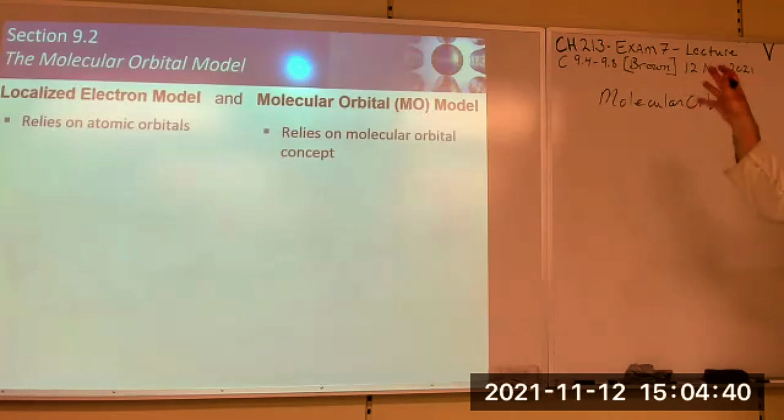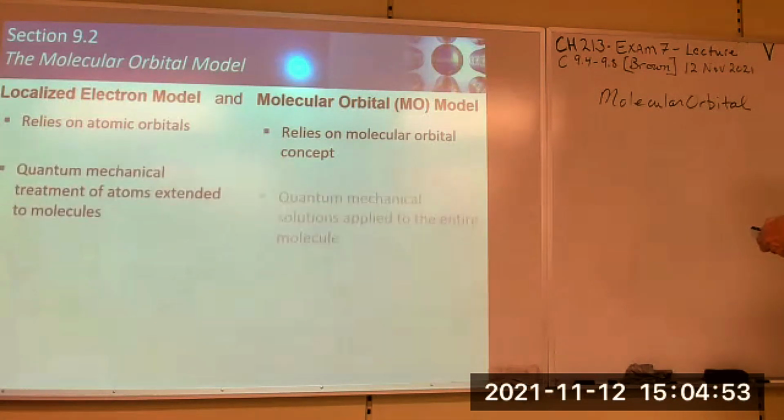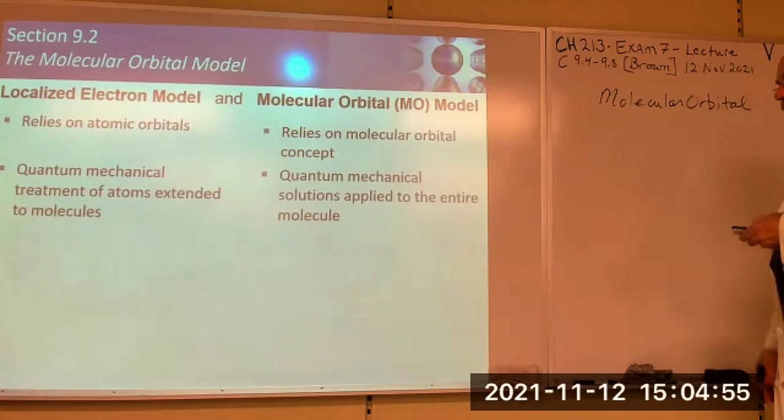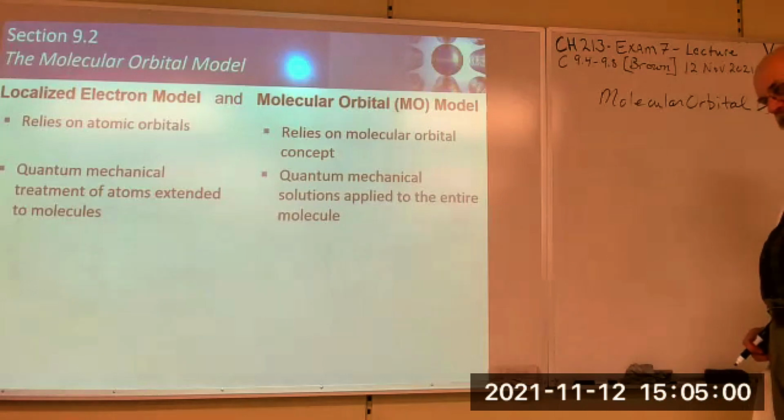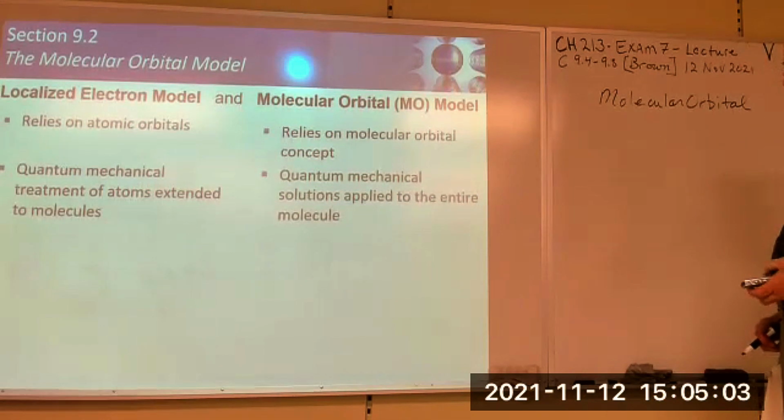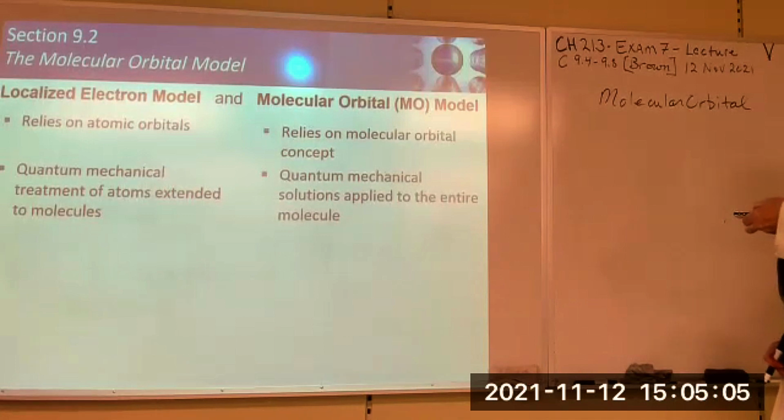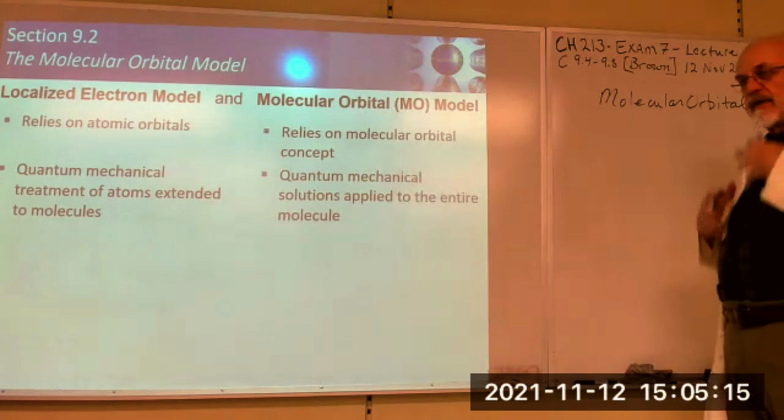So here's a comparison of the two. We rely on atomic orbitals for the localized electron model, whereas we have this new class of orbital called the molecular orbital for that model. The quantum mechanics of individual atoms are sort of pushed out and extended to the molecule, whereas the molecular orbital model uses a whole new quantum mechanical calculation based upon the whole molecule.